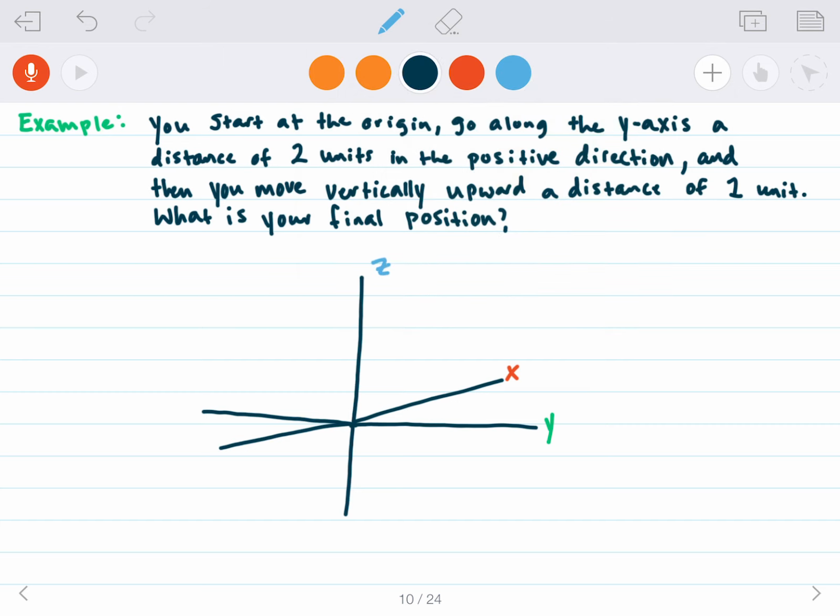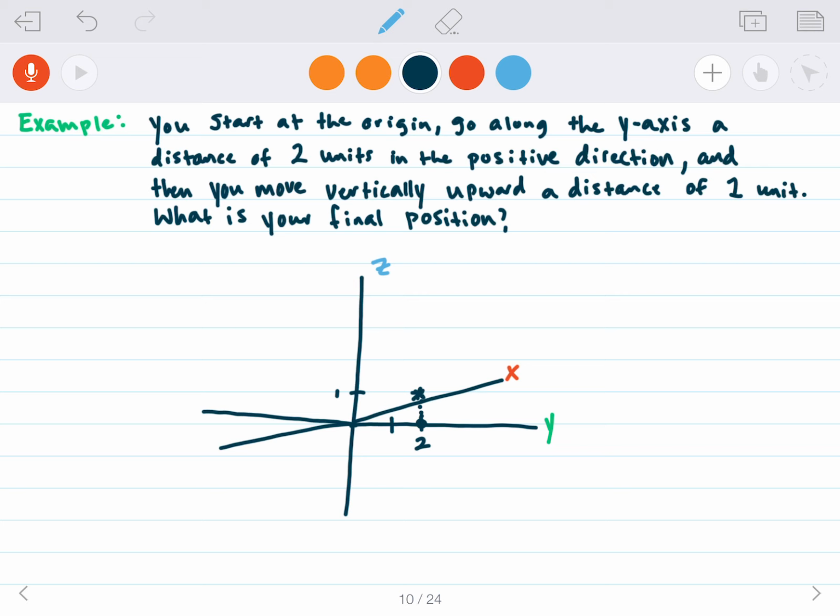Okay, so we go 2 units in the positive y direction, and then we move up a distance of 1 unit, so we don't move in the x direction at all. We only move up 1 unit, and so this is going to be our position right here.